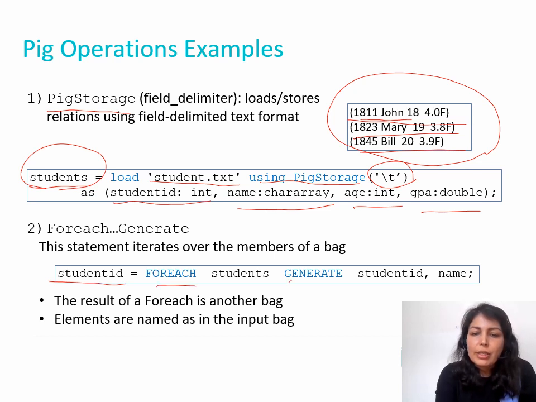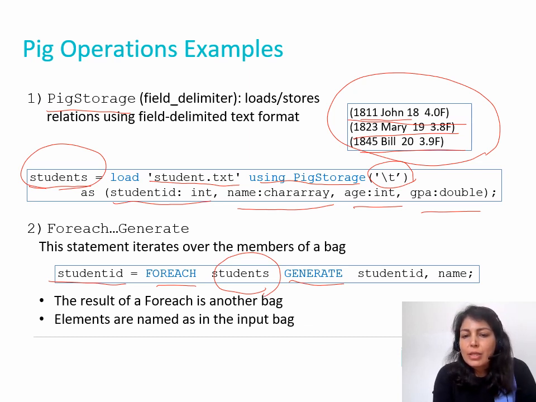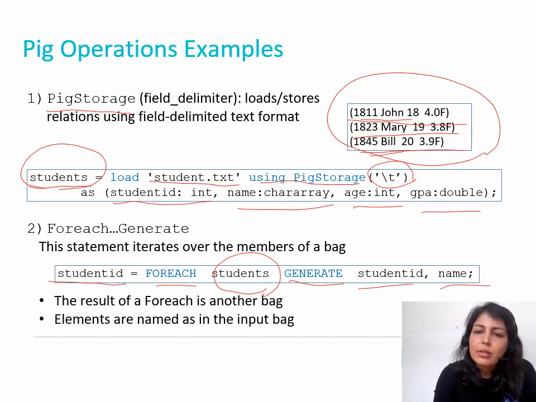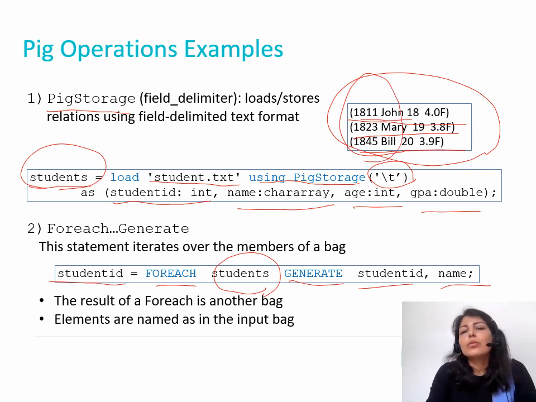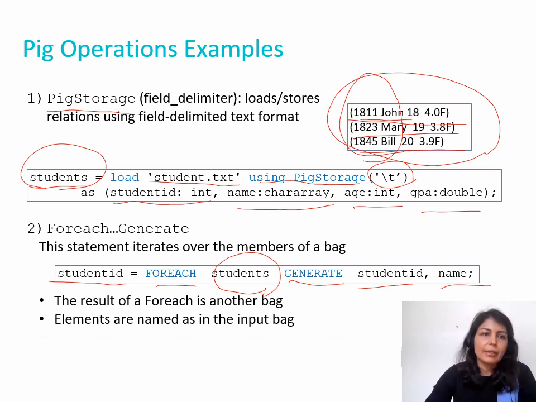FOREACH and GENERATE are keywords, and we have to write them. So we want to take information from the students bag. I want to extract these two elements, student ID and name. So the result, these first two elements, will be saved in studentID, and studentID is another bag.